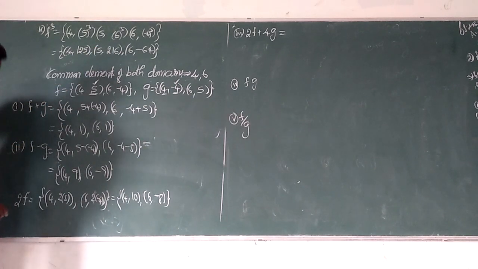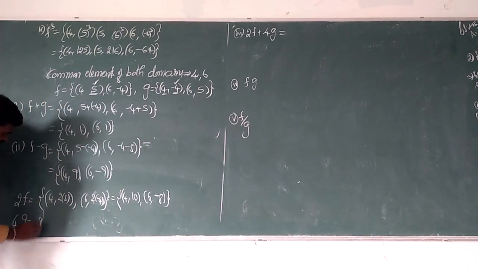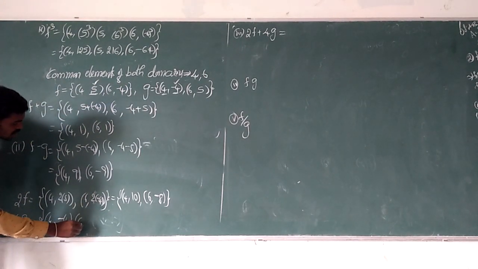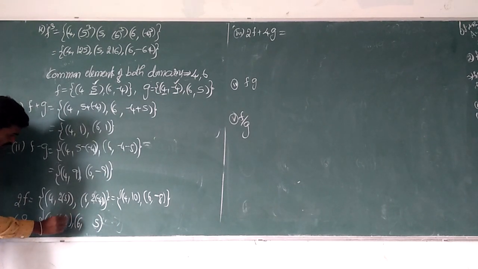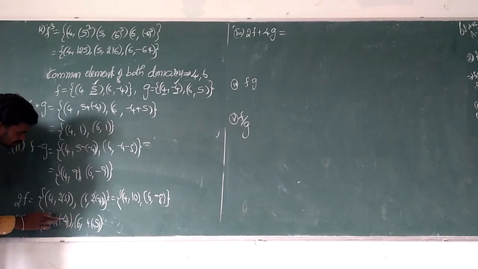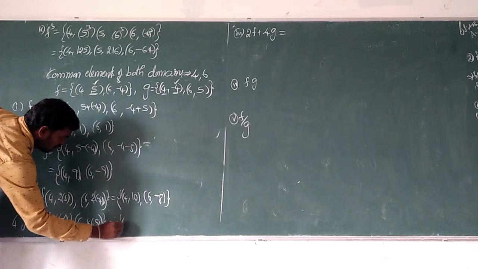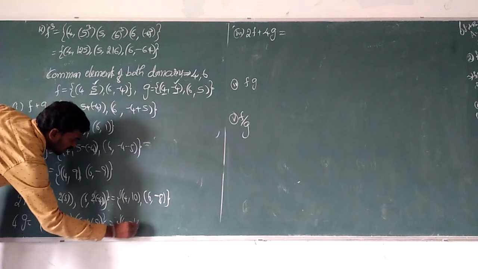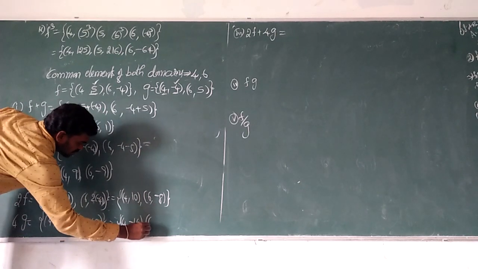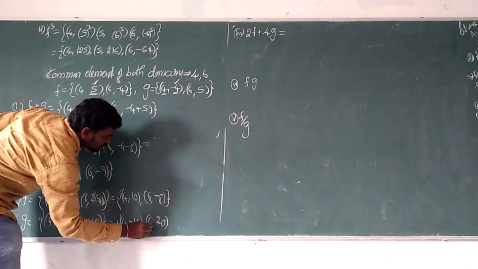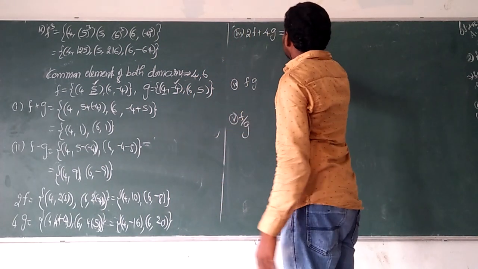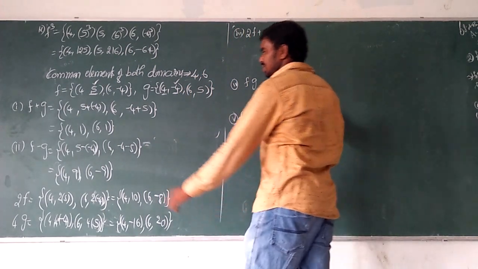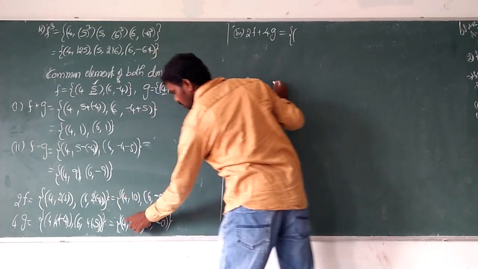Next we want plus 4g. So what is 4g? What is g? 4 comma minus 4, 6 comma 5. So 4 into g: 4 into minus 4, 4 into 5. So the set is 4 comma 4 into minus 4, which is minus 16, and 6 comma 4 into 5, which is 20. So this is 2f and 4g. Now add them. In both 2f and 4g the common elements are the same, 4 and 6.